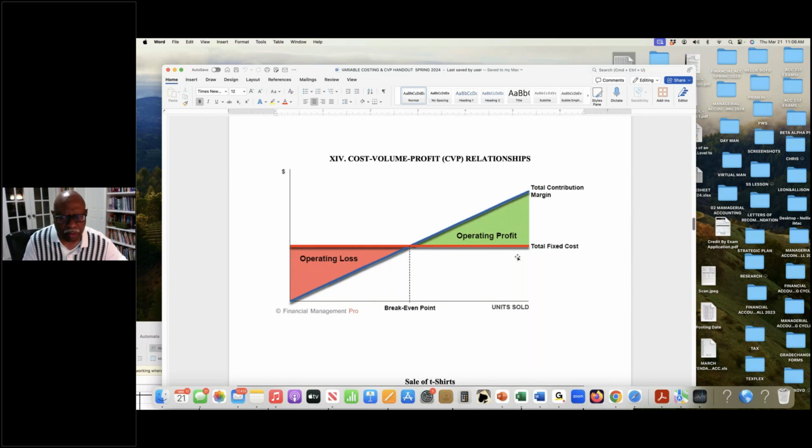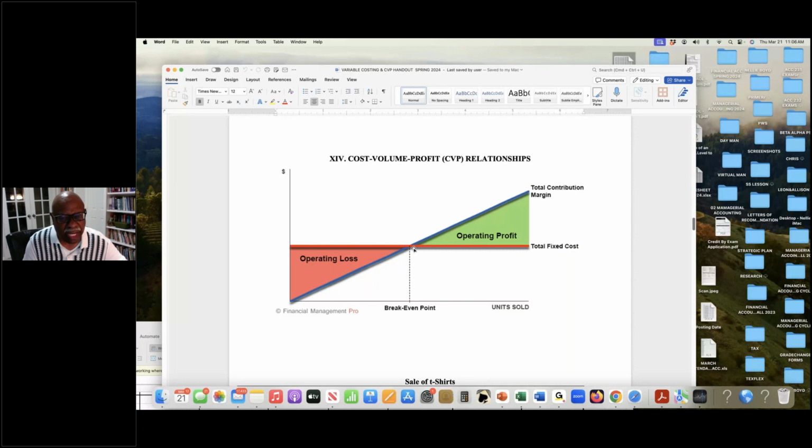With this graph, the graph shows that there's a certain point where the units sold and the dollars generated will equal all the costs, and so net income will be zero.